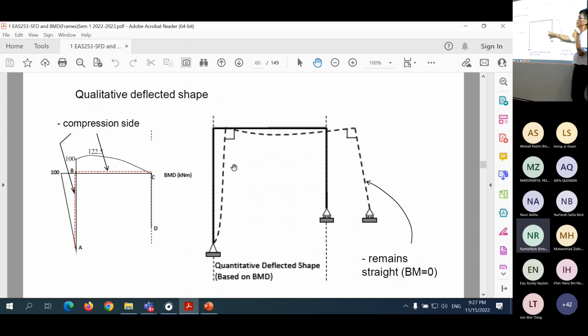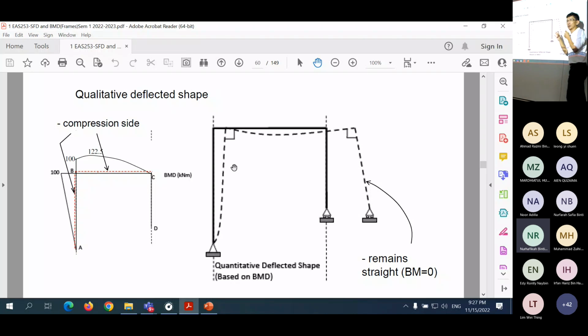And the other thing is in the frame, the angle here and the angle here must be maintained. They must maintain 90 degrees. After you deform, it must also maintain 90 degrees.